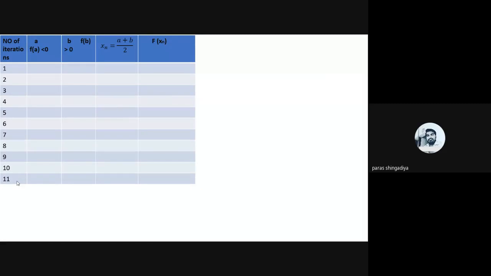So now let us check the table. So a is 0 and b is 1. f of 0 is -1, f of 1 is positive. So its average will become 1 by 2, that is 0.5. Now check f of 0.5. Consider 0.5 in place of x and check the answer.